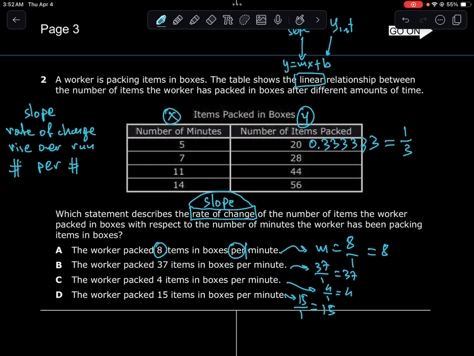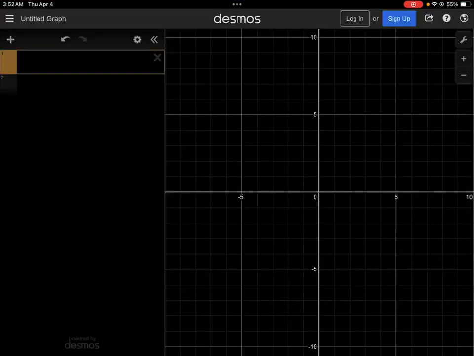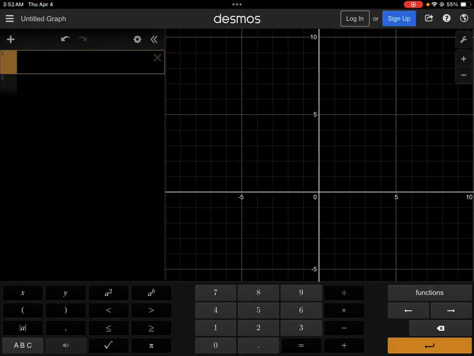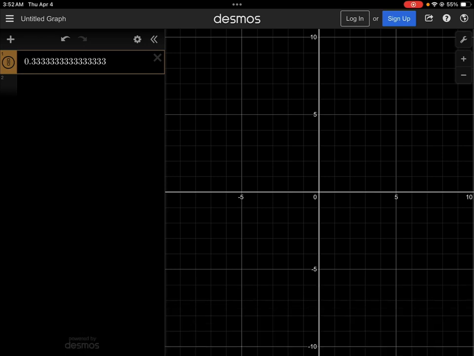If we forget, we go to the graphing calculator, and once we write 0.333333333 and keep going, eventually it's going to give me the option to convert it into a fraction. It's going to give me the 1/3. Okay.